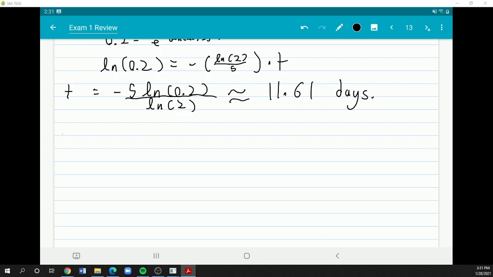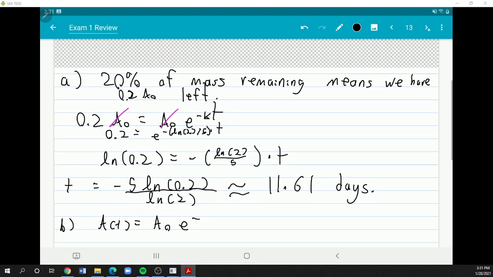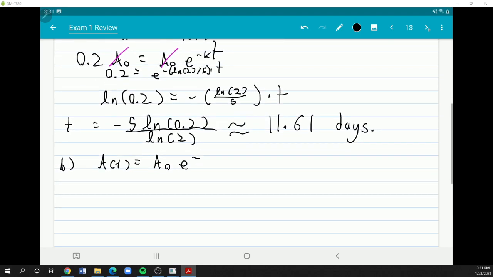B is actually really easy because we've done most of the work. A of t is A naught e to the minus, and then k was equal to natural log 2 over 5, times t.